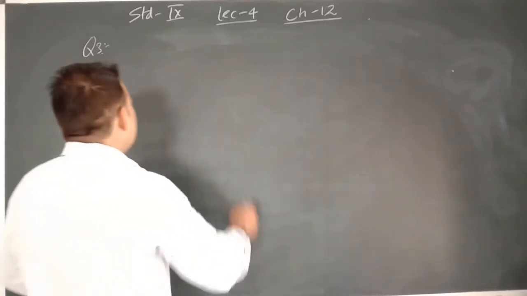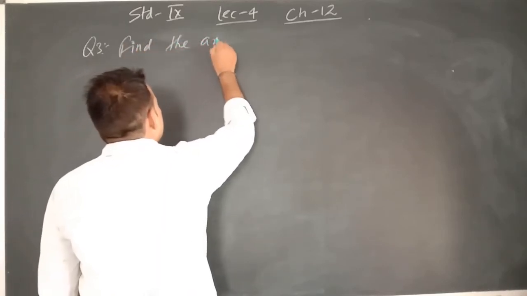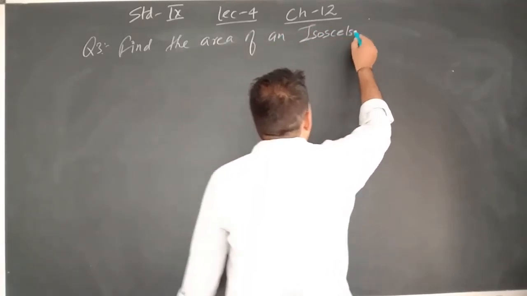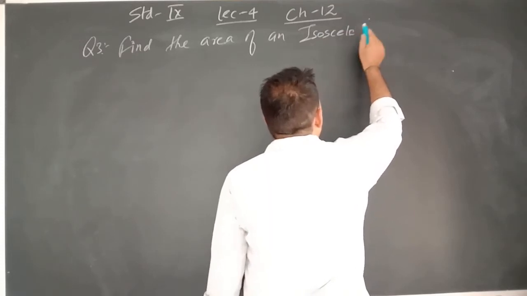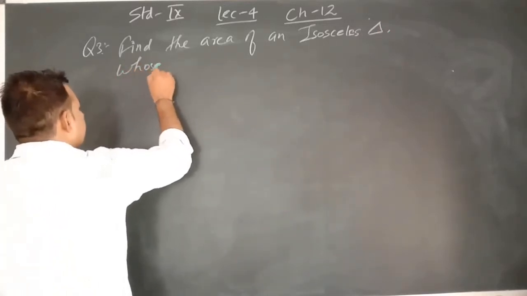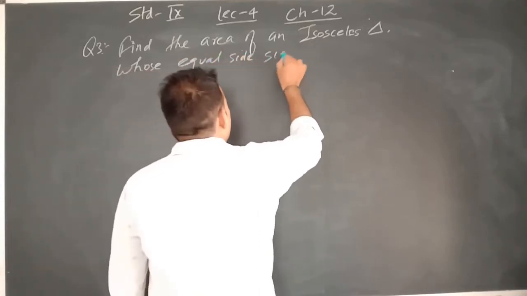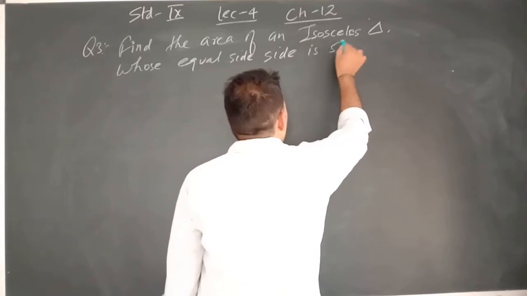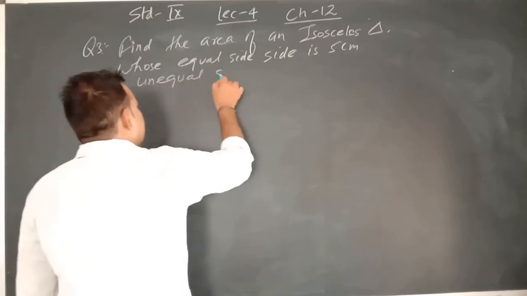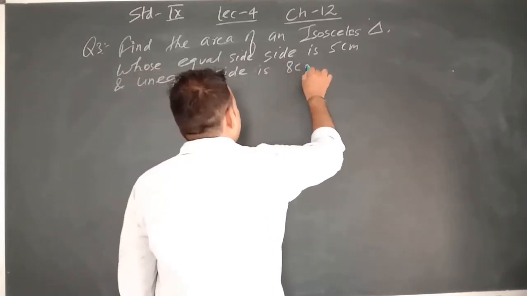Okay? Here is a question: find the area of an isosceles triangle whose equal side is 5 centimeter and unequal side is 8 centimeter.